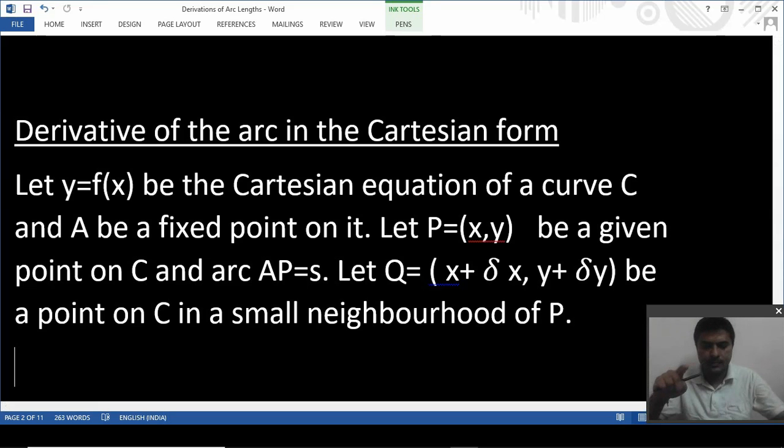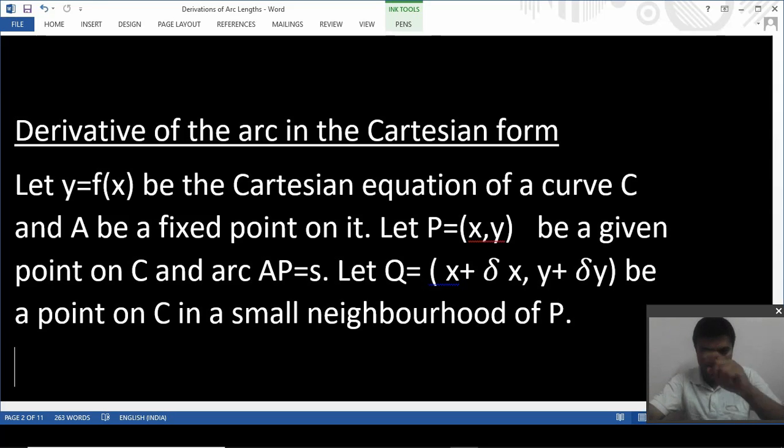Then I will choose Q such that (x plus delta x, y plus delta y) is a point on C in a small neighborhood of P. So we are deriving arc length in the Cartesian form. Please remember, we are going to derive first Cartesian form, then polar form, and then pedal form. So first we have done this.